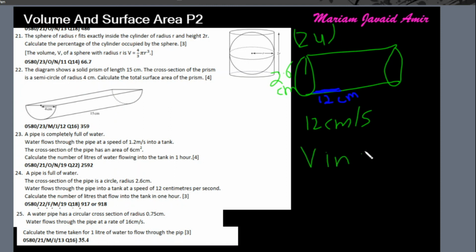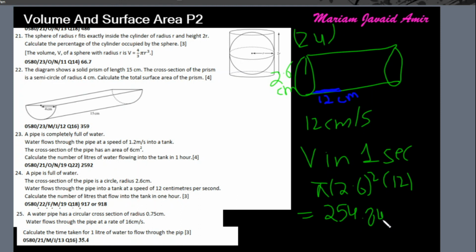Volume in 1 second will be base area, which is pi r squared, times height, which is 12. So this would be pi times 2.6 squared times 12, which is 254.8459, etc. This is the volume in 1 second.